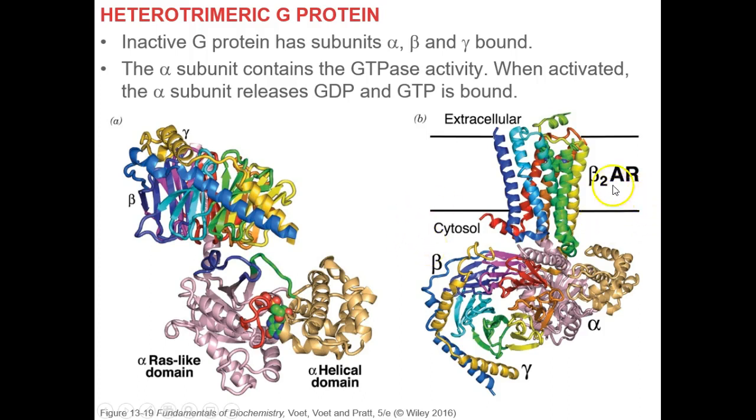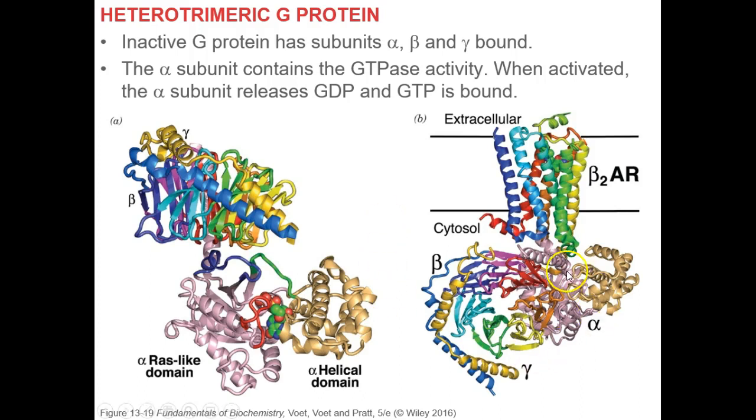This is the beta-2 adrenergic receptor, so the ligand here would be epinephrine. Again, here's the receptor in its rainbow order, passing through the membrane 7 times. This is the portion of the receptor that interacts with the G protein. We have an alpha subunit, a beta subunit, and a gamma subunit, so the trimeric G protein interacts with the receptor on the cytosolic side of the membrane.